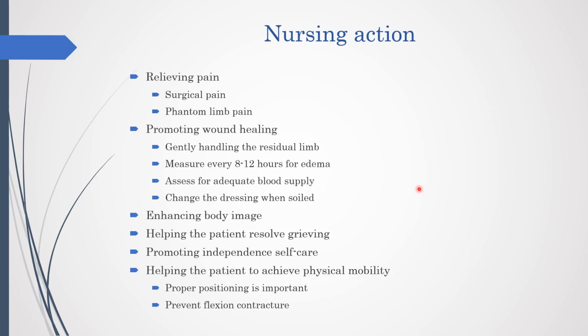What we should do for a patient after the amputation, first is relief of pain. The patient has surgical pain, but in some cases the patient has phantom limb pain, which can start right after the surgery, or 10 years after surgery, and can even stay as long as the patient lives.